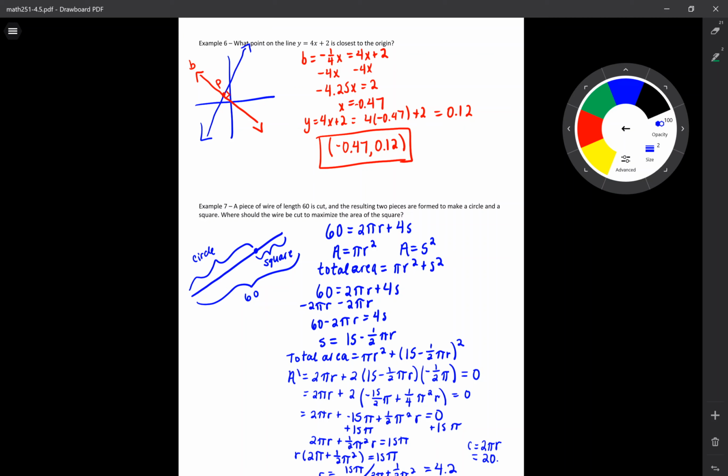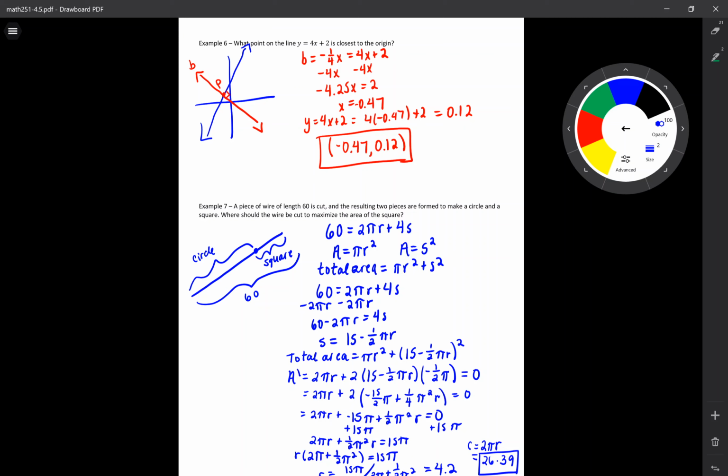Hold on. 2 pi times 4.2 is 26.39, sorry. So you would need to cut the wire at 26.39 in order to maximize the area of the circle and the square.